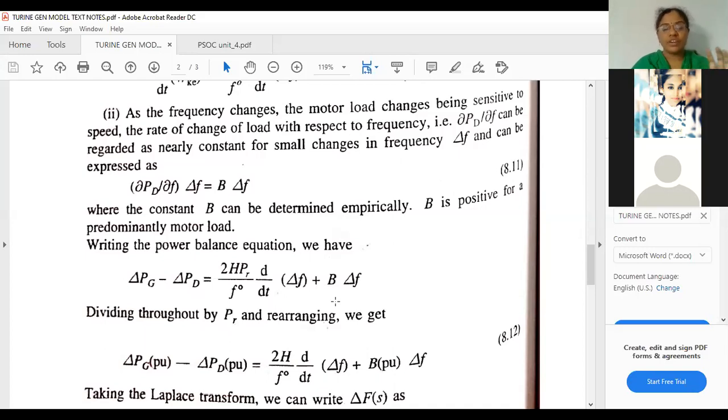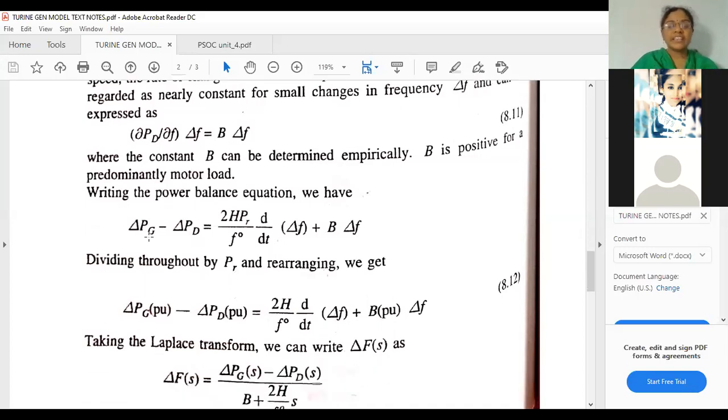So now we are writing delta PG minus delta PD is equal to the loss. What is this? As kinetic energy storage increases, demand should increase, and as demand increases, kinetic energy should increase. If not, here we are getting the loss. And if there is a change in load, there is a frequency change. If there is no frequency change, then we are getting the loss.